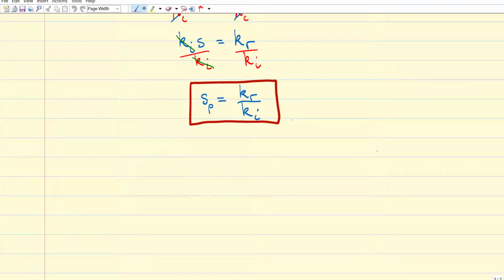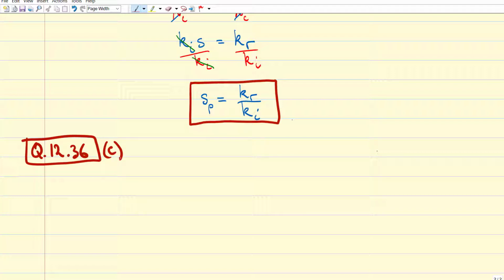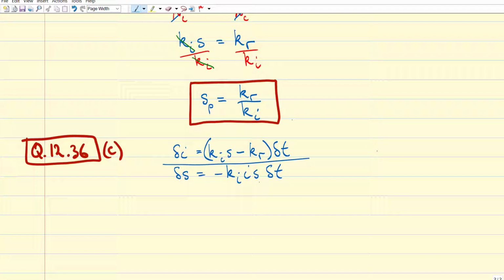We've got question 1236, and we're doing part C. And so those two equations, what you do if you just write it, I'll just literally write what it said, have one equation and do delta I equals KIS minus KR times I times delta T, and just divide by the other equation, delta S equals minus KI times S times delta T. Don't confuse the subscript with the variable.